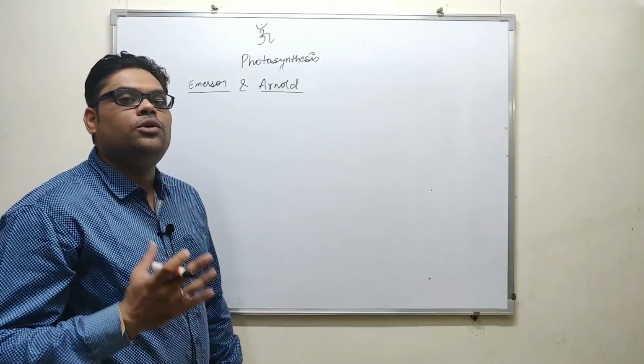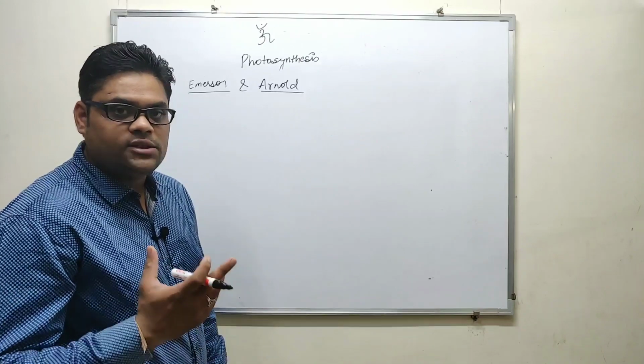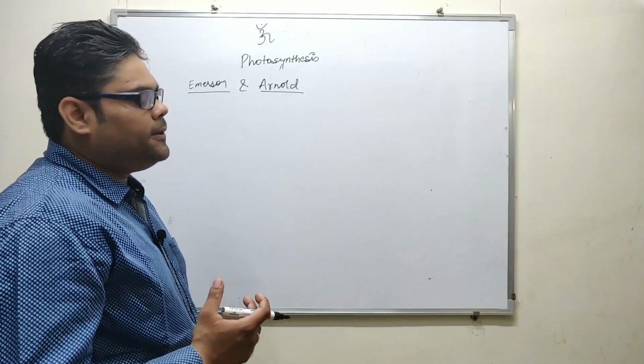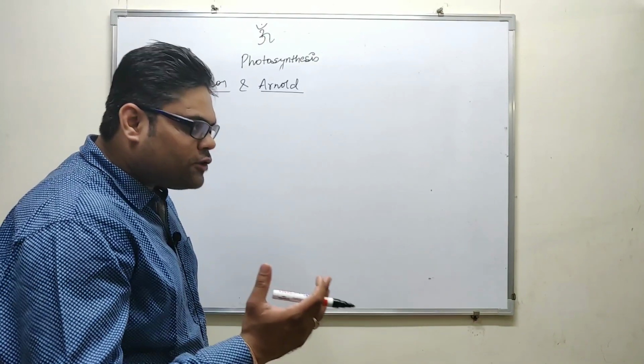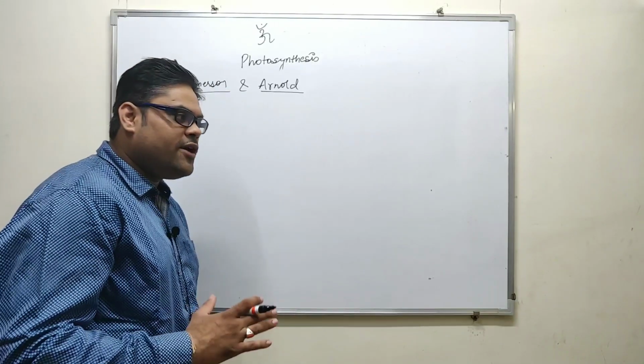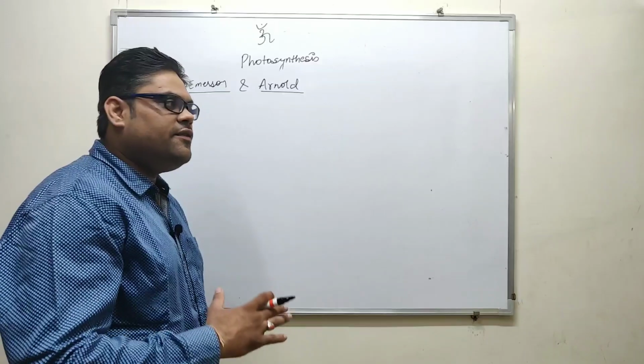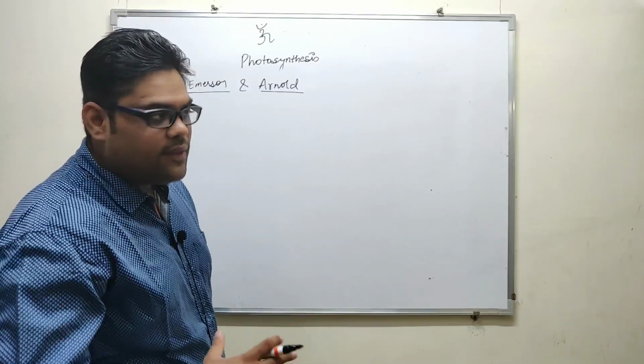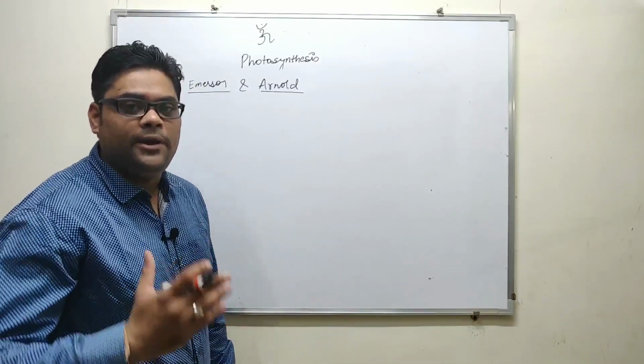What they actually concluded from that is that the process of photosynthesis includes two phases, the light phase and the dark phase. The light phase is the light dependent phase and the dark phase is the light independent phase.